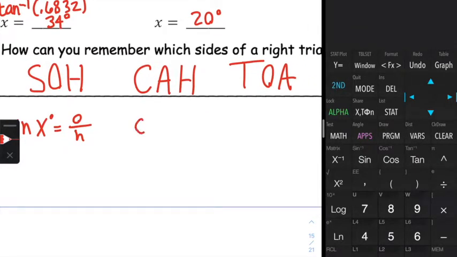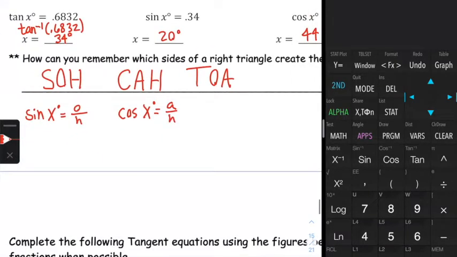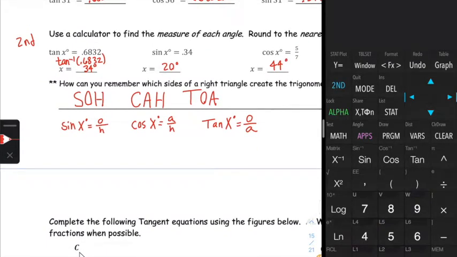The one starting with C is called cosine. The cosine ratio is the adjacent over the hypotenuse. And then the tangent ratio, the one starting with T, tangent of an angle equals the opposite over the adjacent. So I would write that down right there, Sohcahtoa.